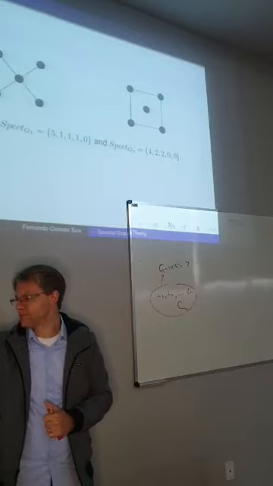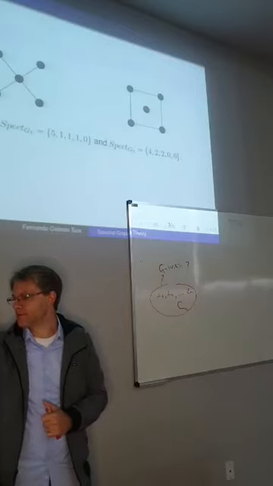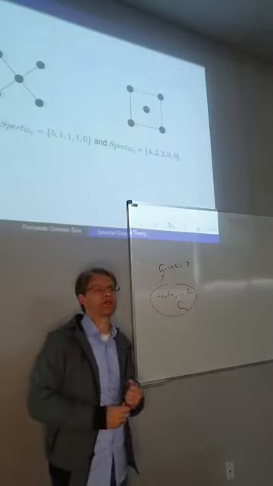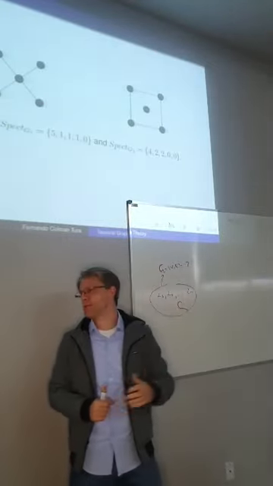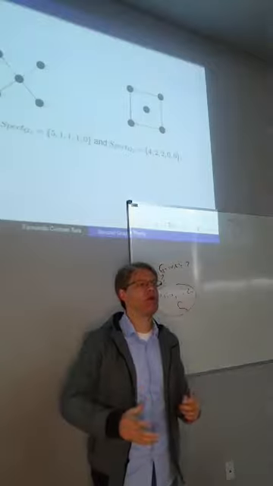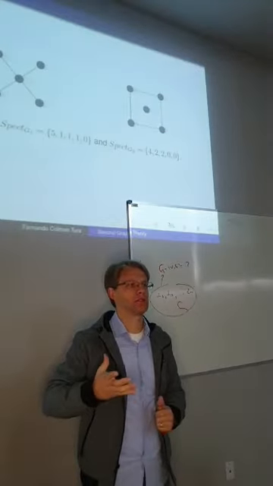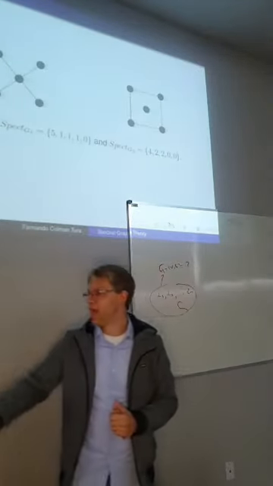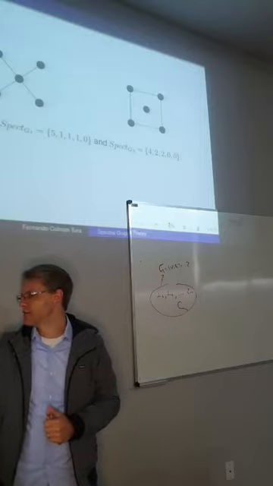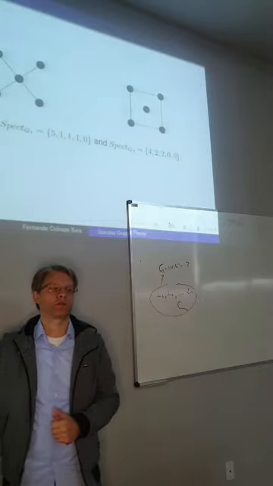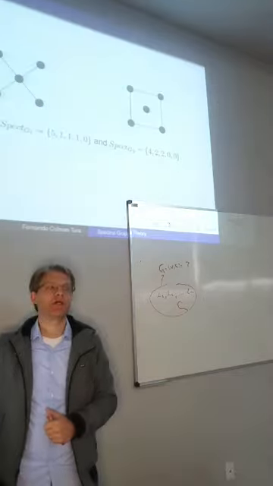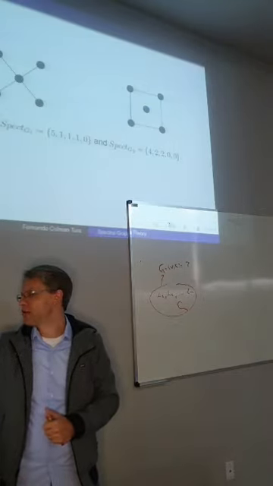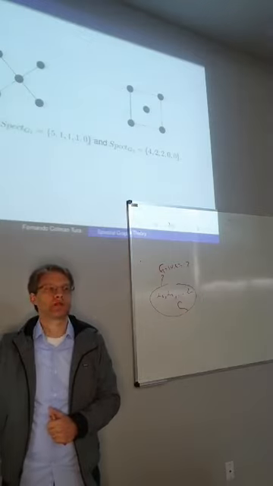The graph on the left is a connected graph. In other words, I have only one component. And the graph on the right is not connected. If you look, I have one vertex here that does not join with the other vertices.